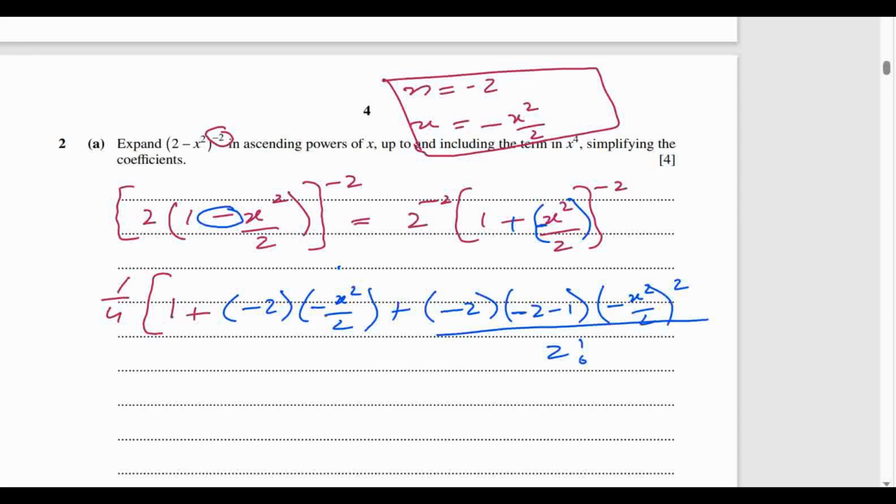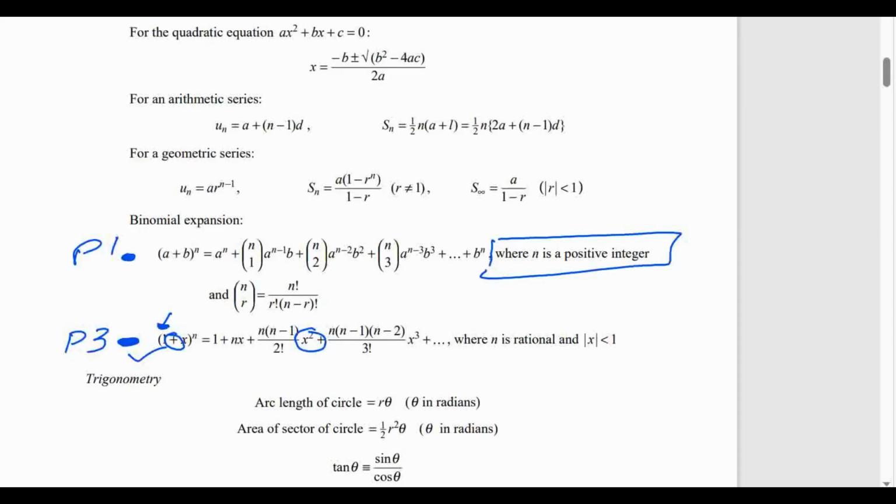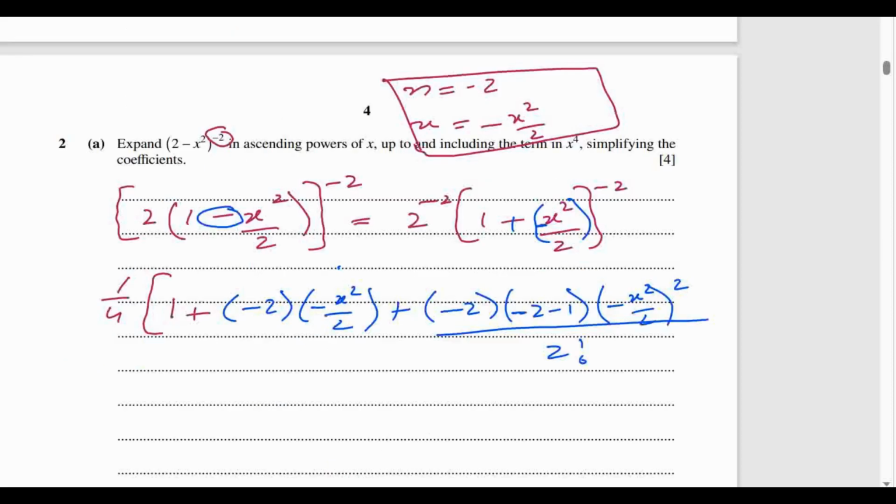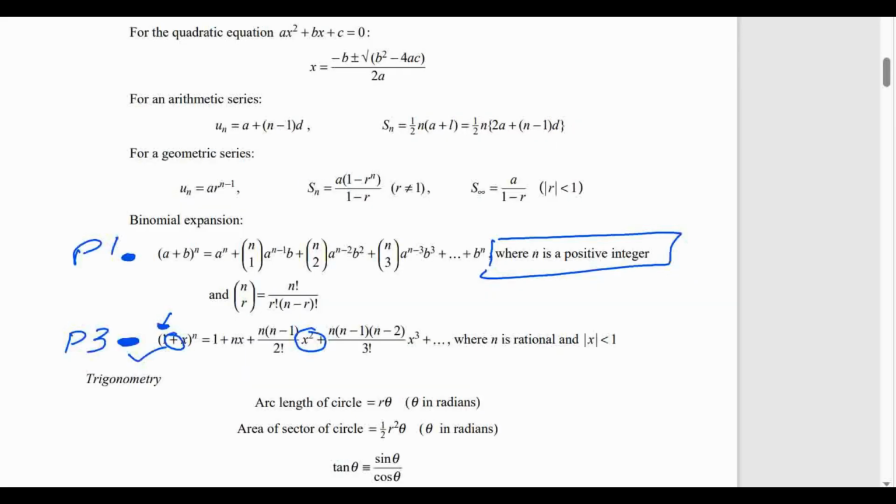Then the next one should be n into (n minus 1) into (n minus 2), into x cube.